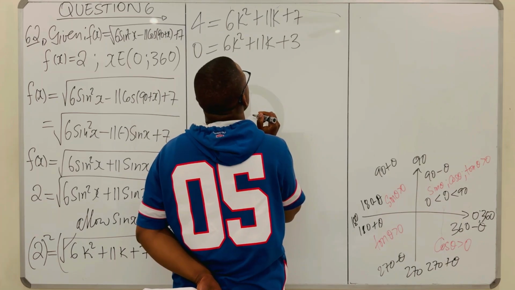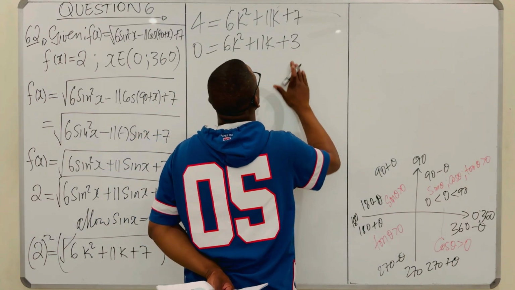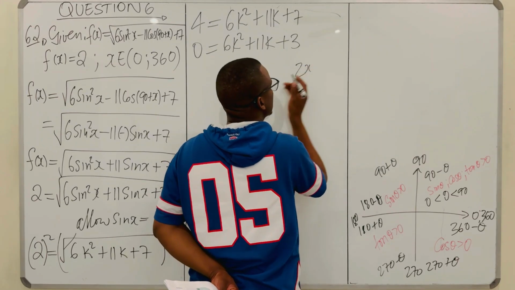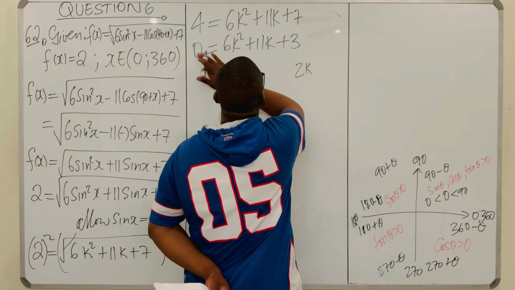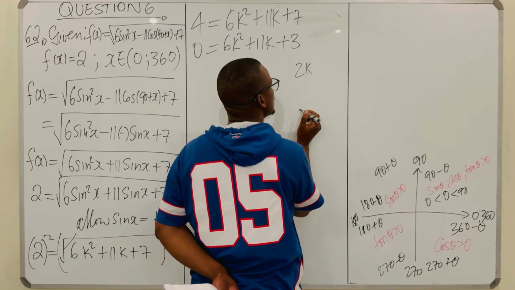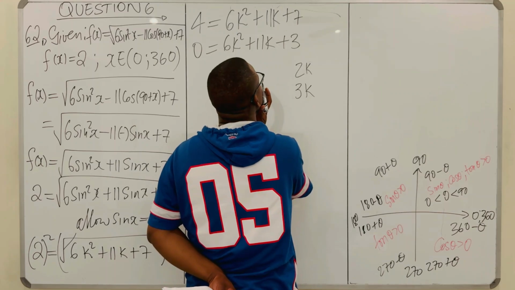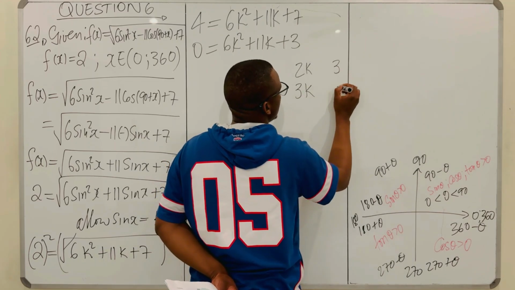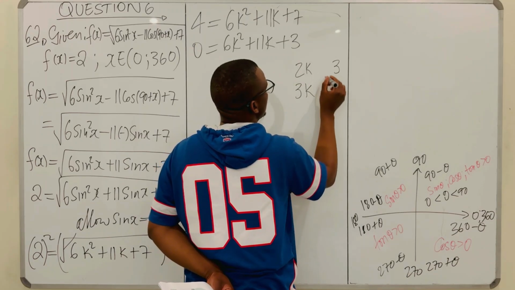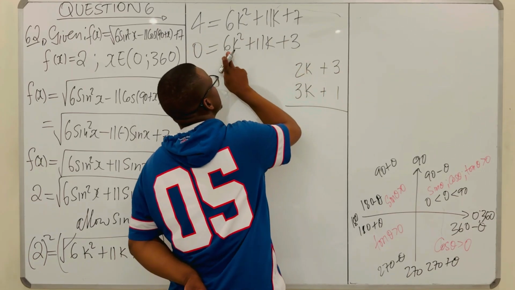So we can try to factorize this. Let's say we have 2k and 3k, and 3 and 1, so both of them are positive. Use your quadratic formula if you cannot factorize. This times this is 6k squared.